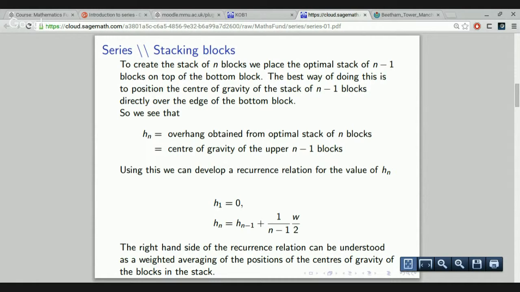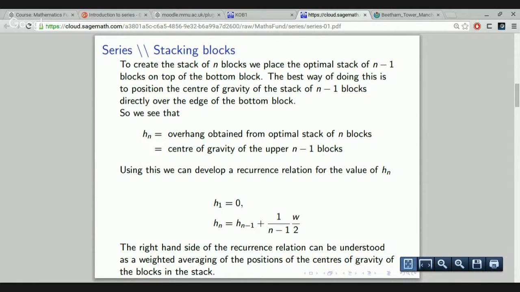I arranged a stack of blocks. Okay, I had a stack of n blocks, and this had a certain amount of overhang. But the best way of taking your blocks and adding one at the bottom is to position the center of gravity of the top group of blocks so that the center of gravity lies just on the edge of the new supporting block you're putting in at the bottom.